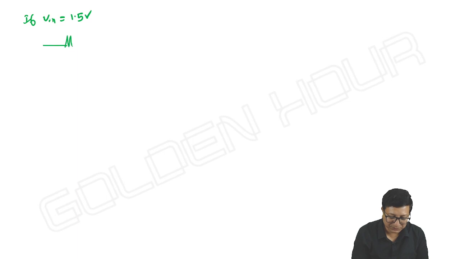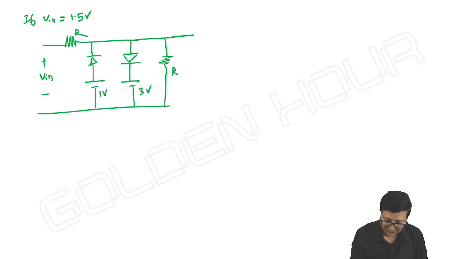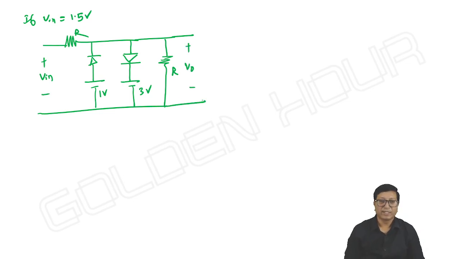So 1 volt, 3 volts, resistor R. Okay, suppose input is 1.5 volts.